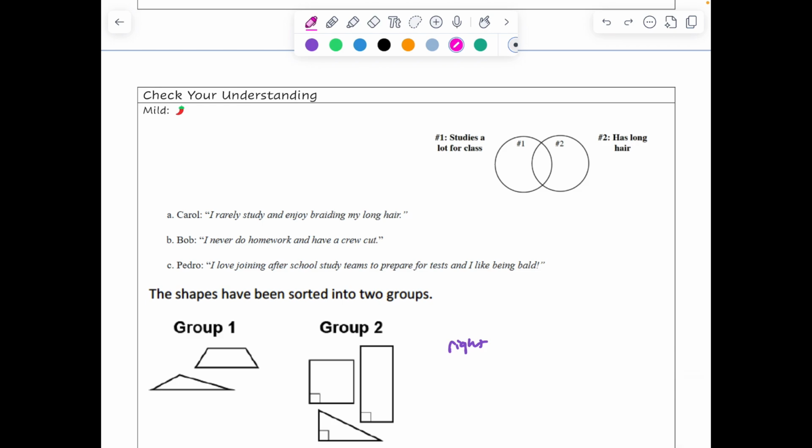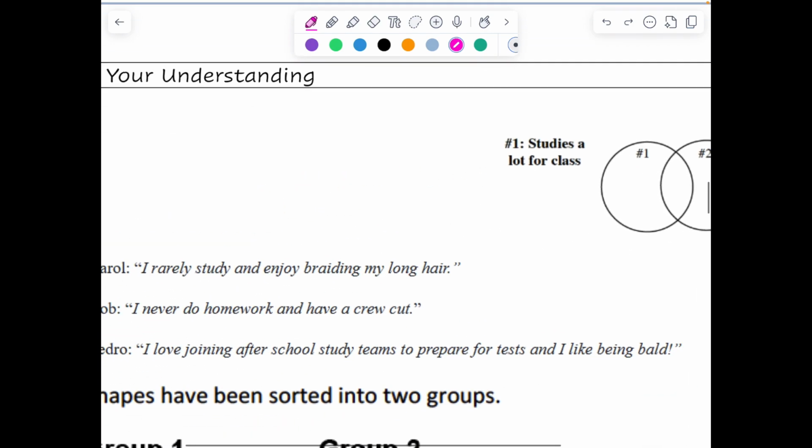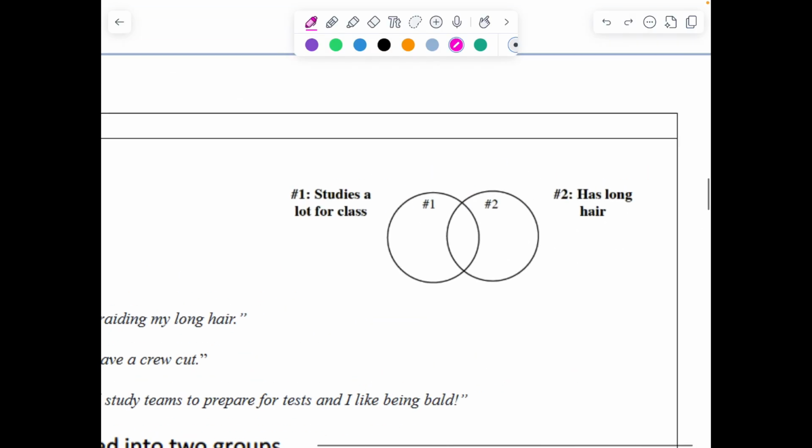We're going to fill out this Venn diagram given these statements over here. So Venn diagram number 1, this will be all the people that study a lot for class in this circle. Venn diagram number 2 will be people that have long hair. So the middle will be people that study for class and have long hair.